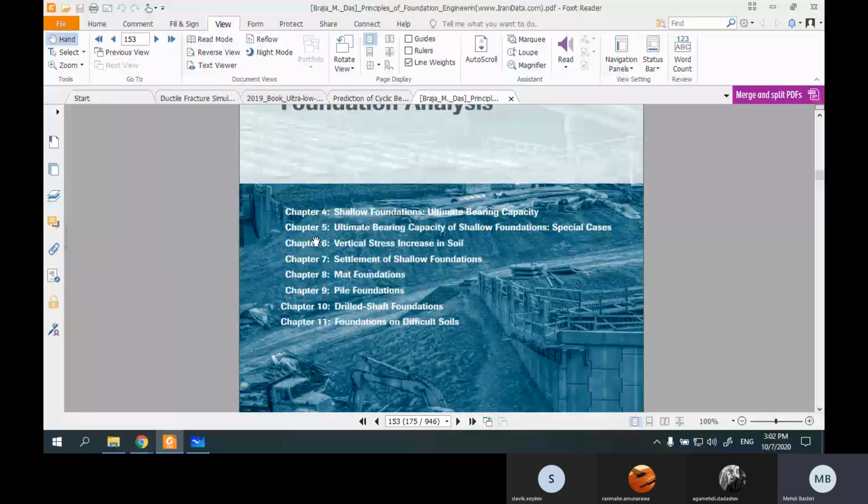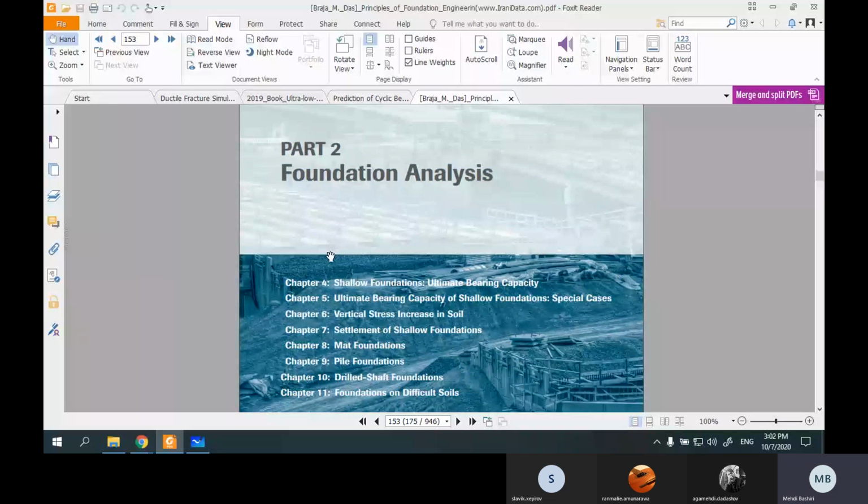In here you can see chapter 4, chapter 5, chapter 6, chapter 7, 8, 9 of this book related to foundation analysis. I'm just going to talk about these chapters.